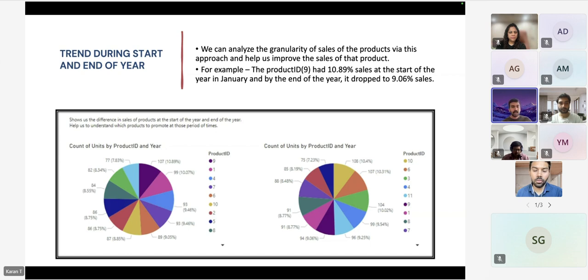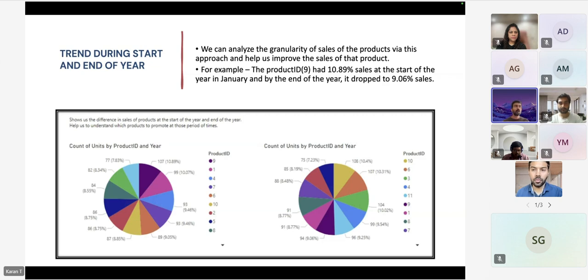We can see that the purple product ID 9 has a maximum of 107 units sold in January, and when coming to December, it only sold 94 products.